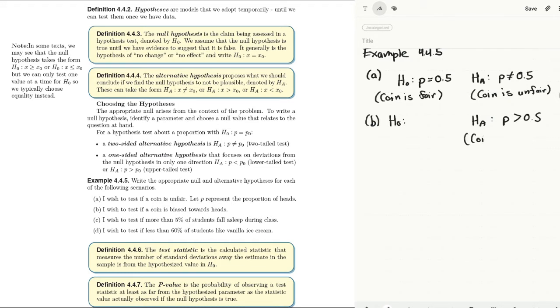So this is the statement where the coin is biased towards heads. So this means that the null hypothesis is where P is equal to 0.5. So this is the statement where the coin is fair.